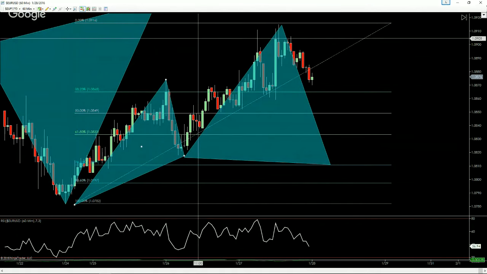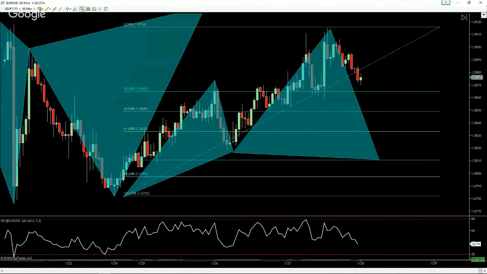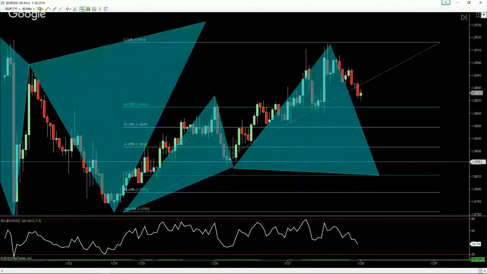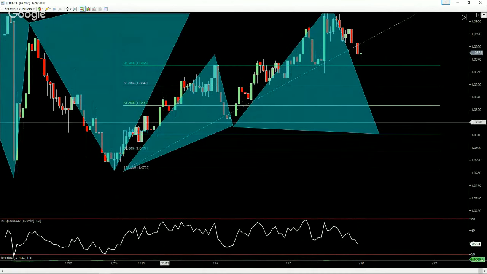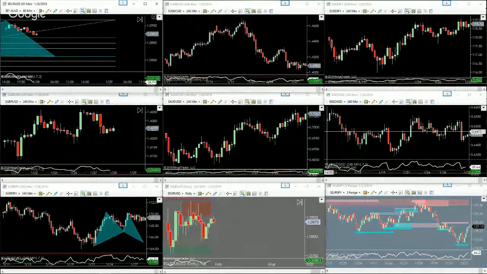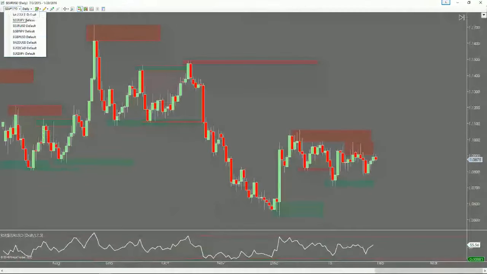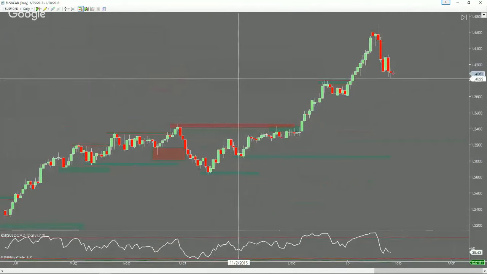You can see it a lot better on the 1 hour compared to the 4 hour. So again, if this cipher completes and hits targets without violating this level right here, the Gartley would still be valid.